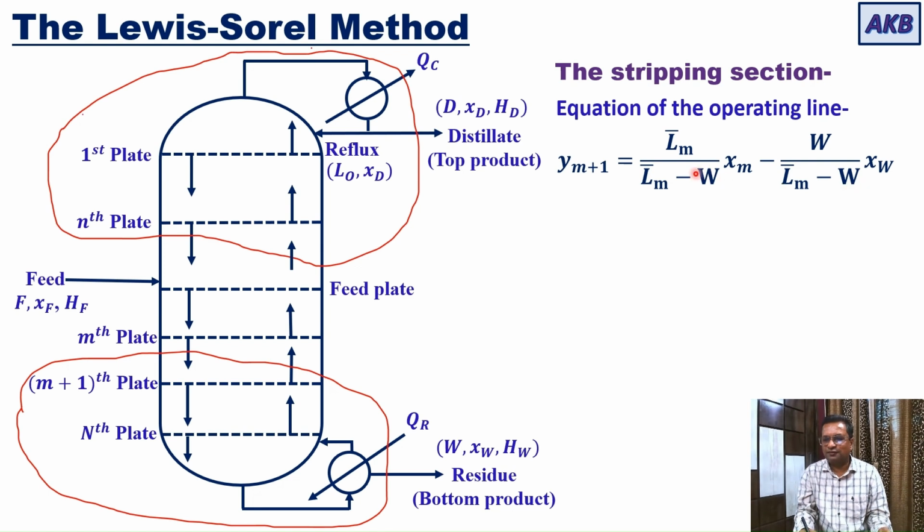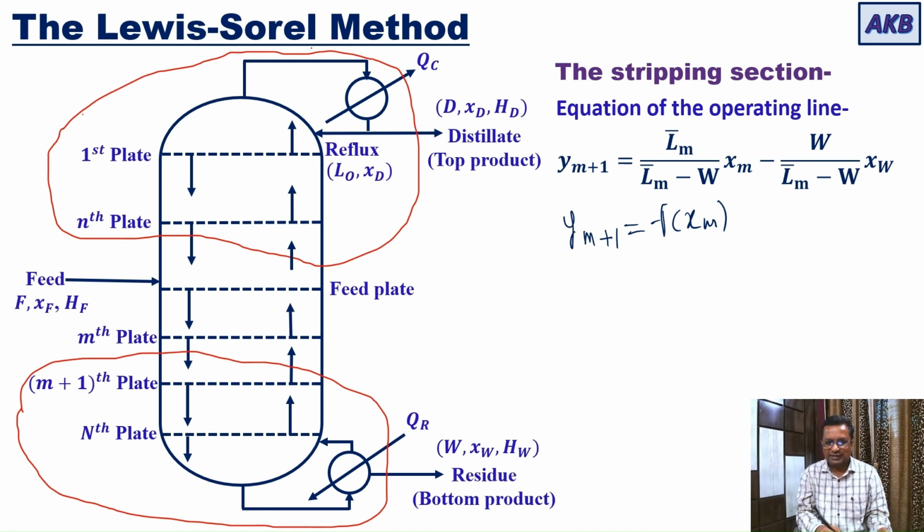That means if you use the values of L̄_m and W, you are going to get an equation for y_{m+1} in terms of x_m. And the method uses this form of equation for finding the number of ideal stages.